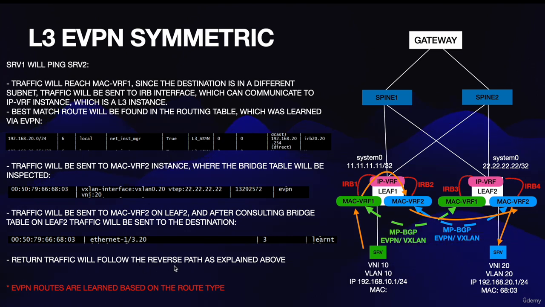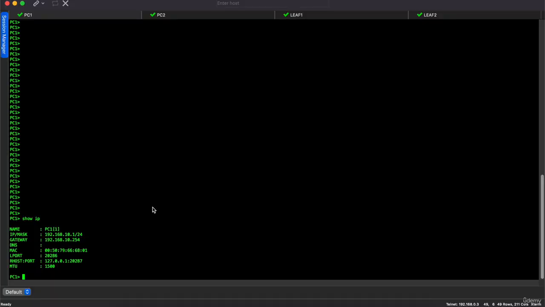And the return path will follow the reverse path as explained above, meaning that it will go to MAC-VRF 2, then to IP-VRF, then to MAC-VRF 1, and after that straight to MAC-VRF 1 on leaf 1, and only after that to the server in VNI 10. So let's go ahead and see the Layer 3 asymmetric implementation in action.